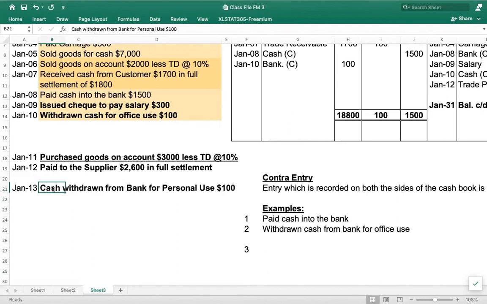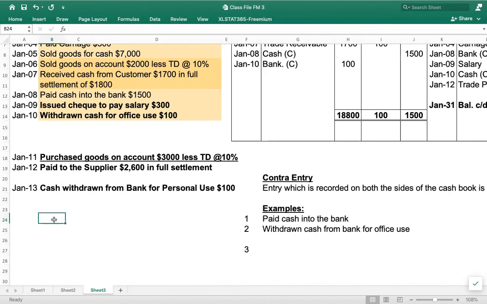Read out the transaction, please, once. Cash withdrawn from bank for personal use, $100. Understood? Here I am withdrawing the money from the bank, but not for office use, for personal use. Okay?